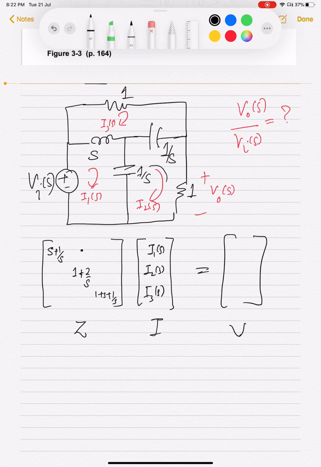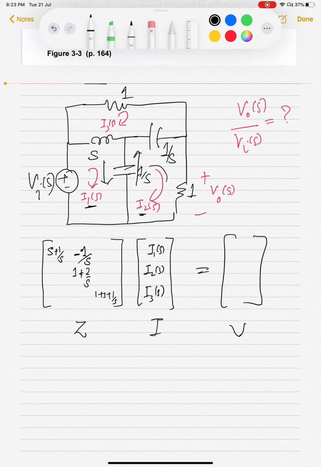So the impedance that is common between I1 and I2 is 1 by S. And if these two mesh currents are in the opposite direction within that impedance, then it comes with a minus sign. So in this case, I1S is flowing like this, and I2S is flowing like this through the impedance 1 by S, so it will come with a minus sign.